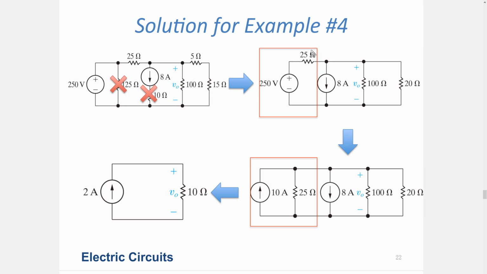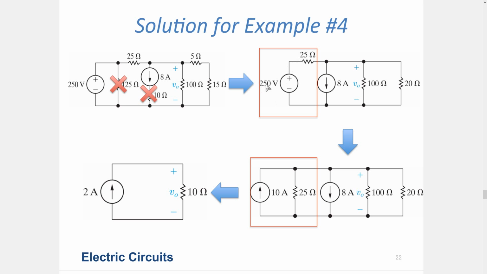So now I can convert this into a current source with a parallel resistance of 25 ohms, because this is what we have found in previous slides. How much current shall it have? It's easy to see that.